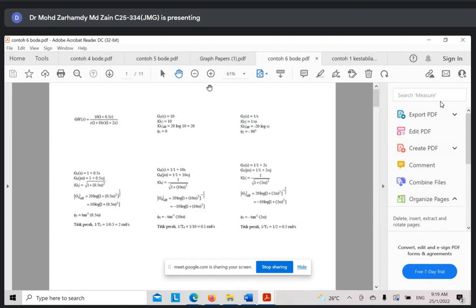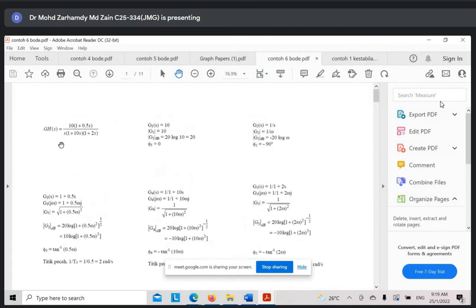Okay, now this is our system. So from this system, we can divide it into many subsystems.